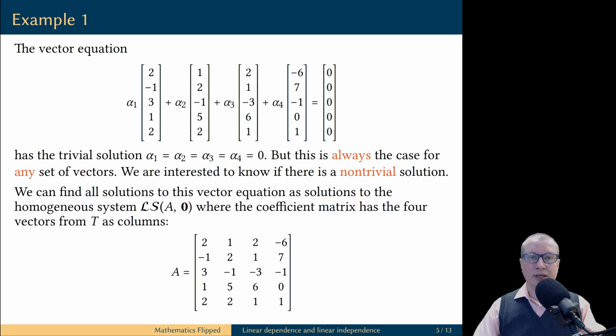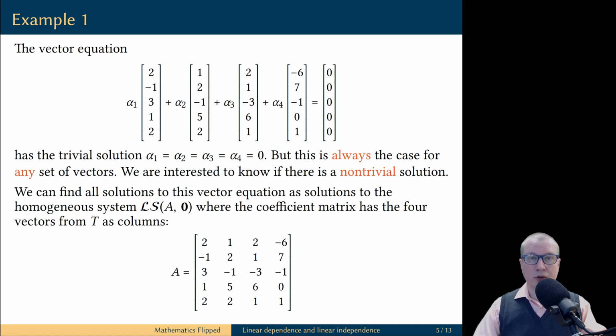Once again, let's use the fact we established earlier that solutions to such vector equations are exactly the solutions to linear systems, where the vectors from the left-hand side are used as columns in the coefficient matrix, and the vector on the right-hand side is used as a vector of constants.